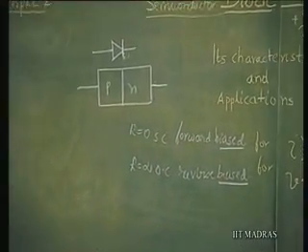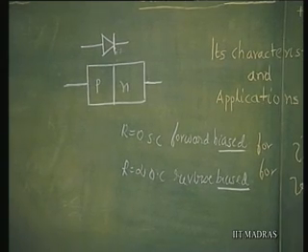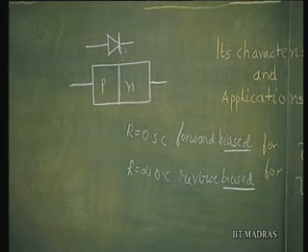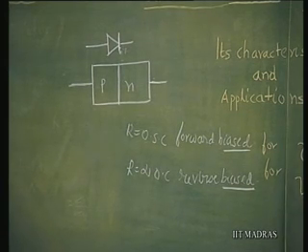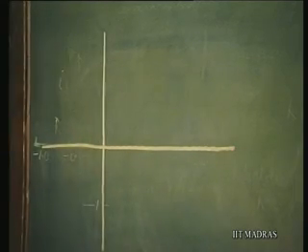Now, what is the characteristic of a PN semiconductor diode? Let us therefore see how closely it is approximating the ideal diode.